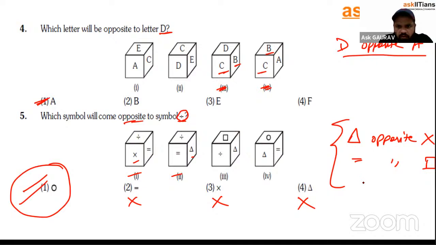Then what is left? Divide will be opposite to which option? This circle. Which symbol is left? The circle. Is that clear? You can go through the option elimination method, or you can go through the basic one, like which one is opposite to it. Is that clear?